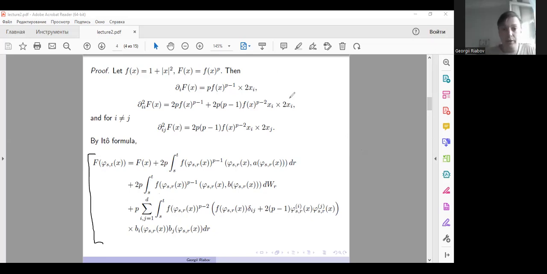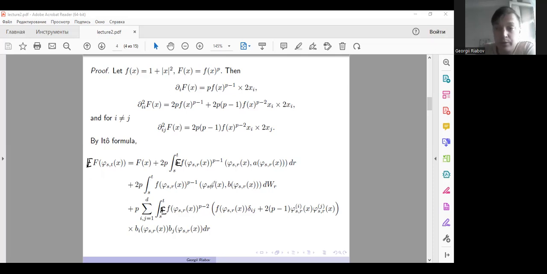I remind that we're interested in the expectation of this variable. So let's take expectations. When we take expectation, it appears here, here, and the expectation of the stochastic integral is equal to 0, because now the stochastic integral is a martingale.